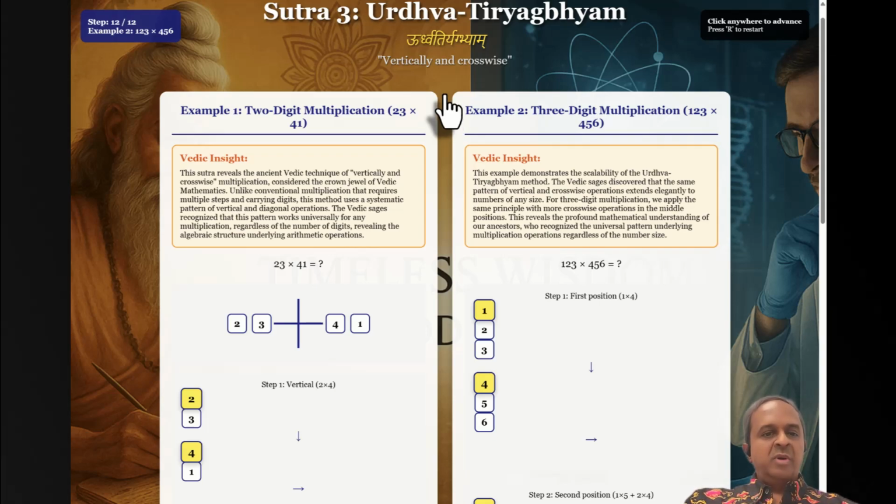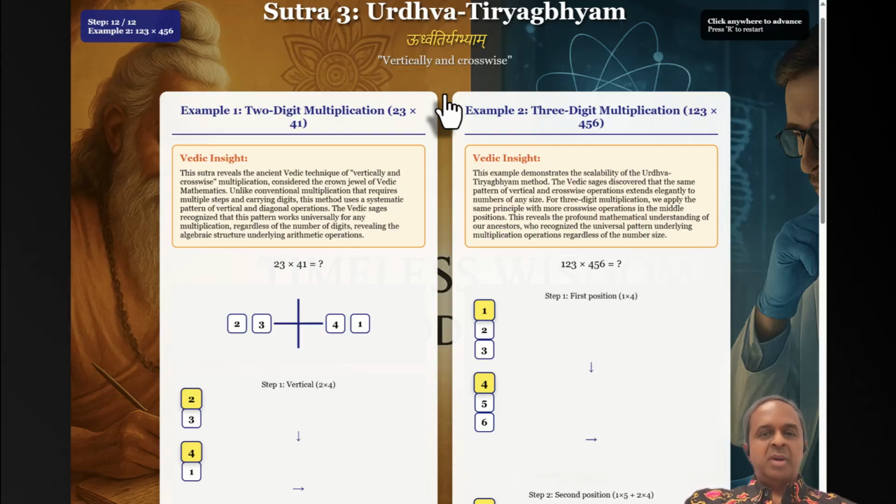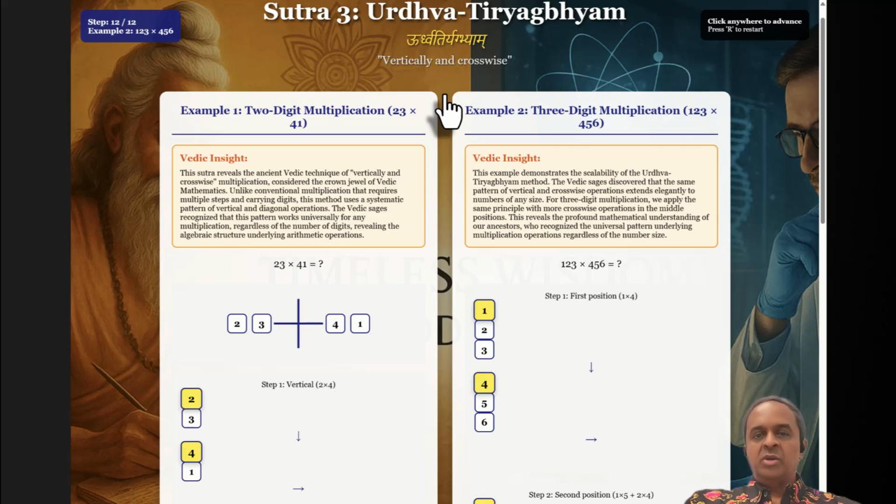So Urdhva-Tiryagbyham demonstrates the elegant efficiency of Vedic mathematics. By restructuring multiplication into a pattern of vertical and diagonal or crosswise operations, complex calculations become a series of simple steps. The Vedic insights we have explored reveal how ancient sages developed methods that remain relevant and powerful even in our modern world.